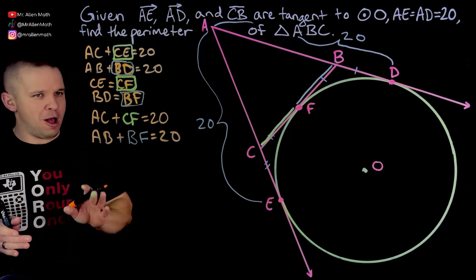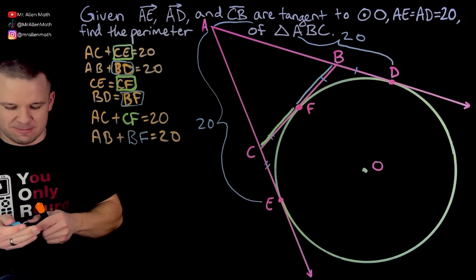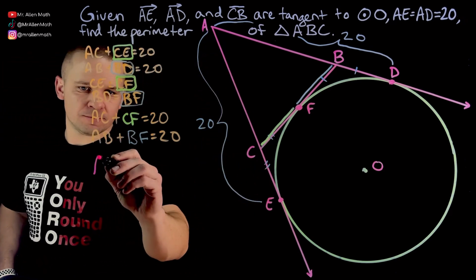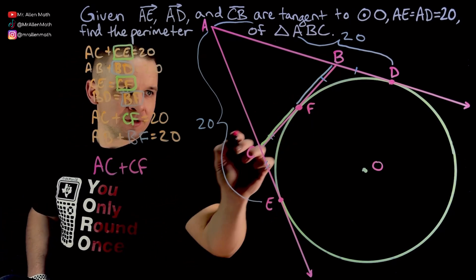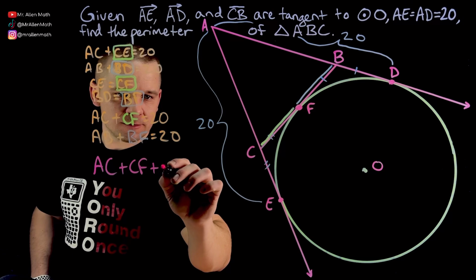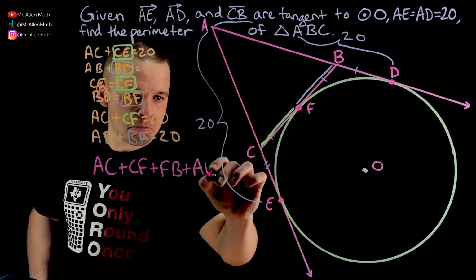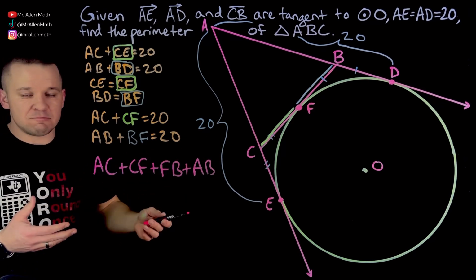Now, correct me if I'm wrong, but is triangle ABC made up of AC plus CF plus FB plus AB? Are all those part of triangle ABC? Absolutely.